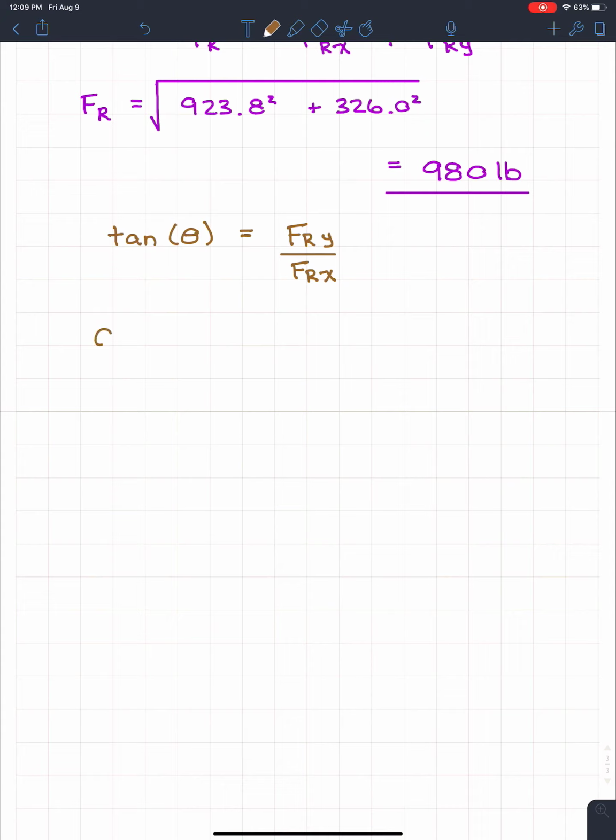So we know that to find theta, it's just going to be the inverse tan, tan^-1, and then we put in our two values, so we're going to have 326.0 all over 923.8.